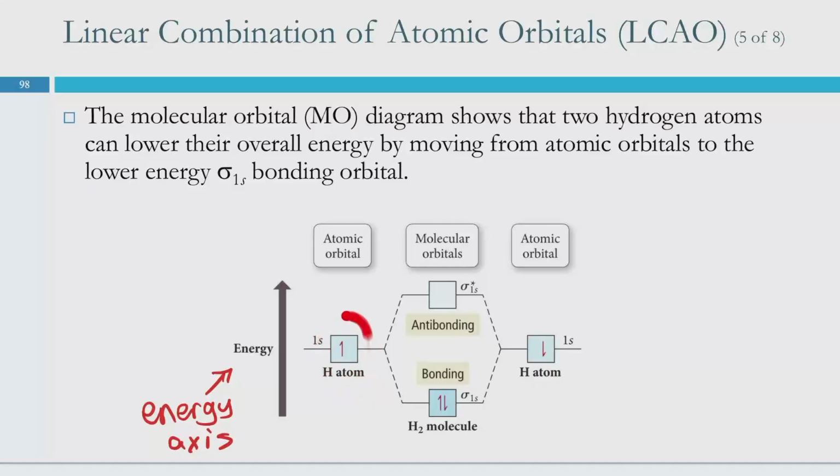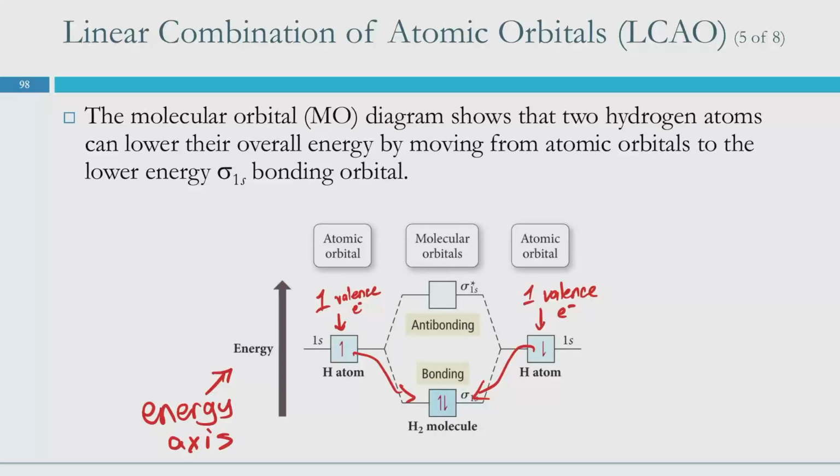We would also draw in for our atomic orbitals how many electrons they came in with. We have one valence electron. For hydrogen, it only has one electron. So we draw that in. We also have one valence electron for our other hydrogen because, well, it's also hydrogen. And then we make our bonding and our anti-bonding, and then we place our electrons into our molecular orbitals, starting from lowest and working our way up.